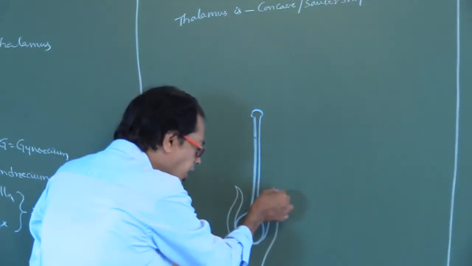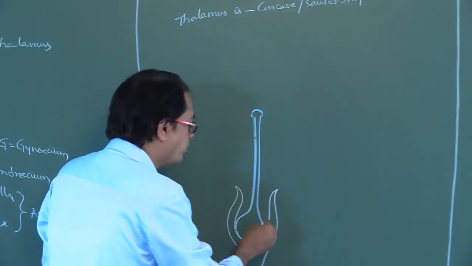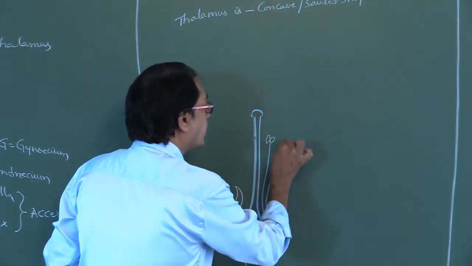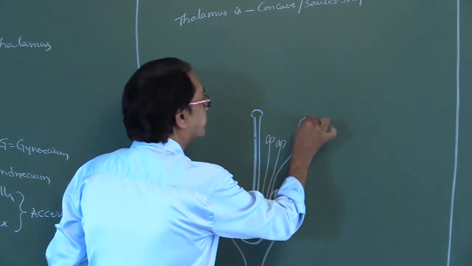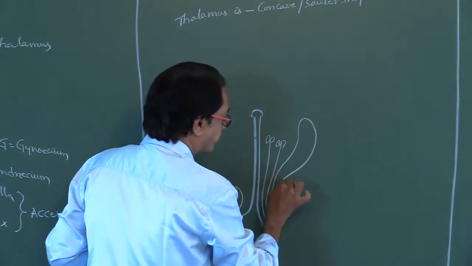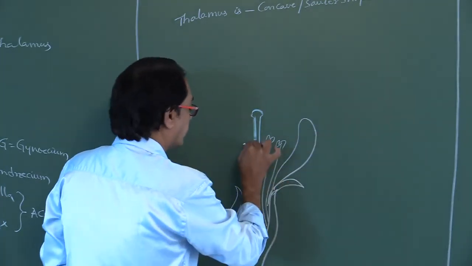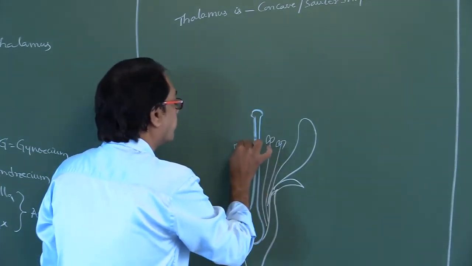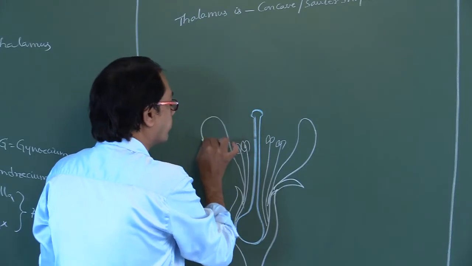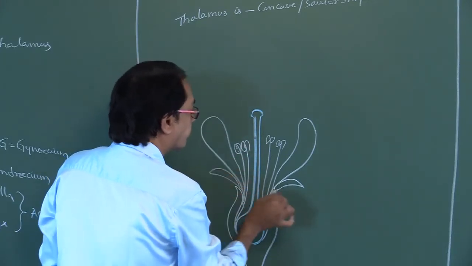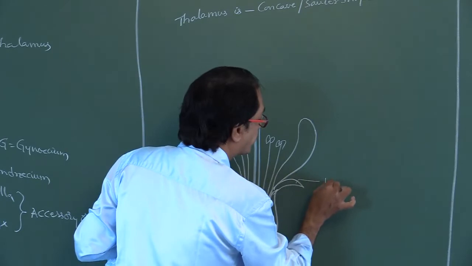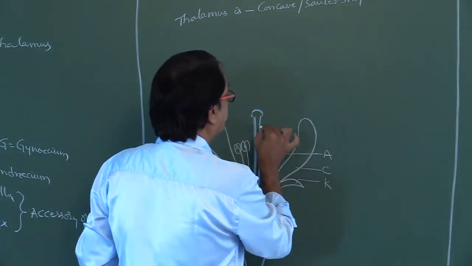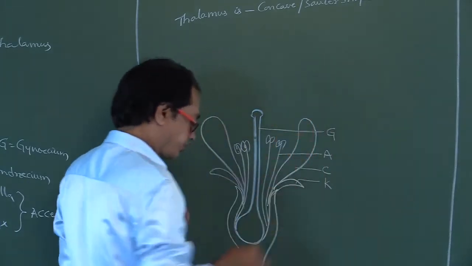Let's say this is the rim of thalamus. On the rim of thalamus, stamens are present. So this is calyx, this is corolla, this is androecium, and this is gynoecium.